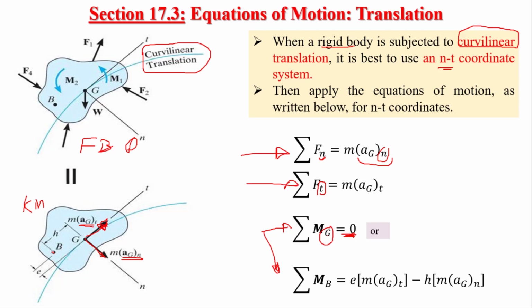If we take it about any other point, we see the distance between G and B regarding m a in the normal direction. This force is far away from point B by a distance h, so here we see h multiplied by m a n. And the tangential acceleration is far away by a distance equal to E, perpendicular distance for sure, so here we see E multiplied by the tangential acceleration.